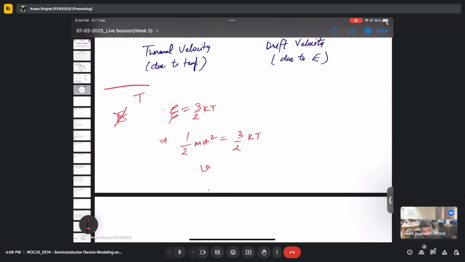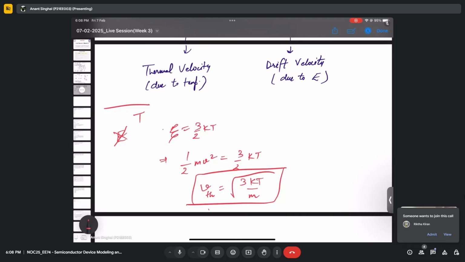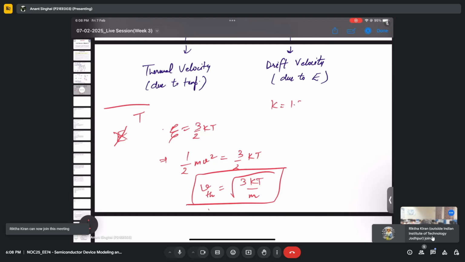Now this velocity, if I try to calculate, let's denote it as v_th because thermal. It will be the square root of 3kT by m, right? So this is the thermal velocity. Here we know that k is 1.38 times 10 raised to minus 23 joule per Kelvin.